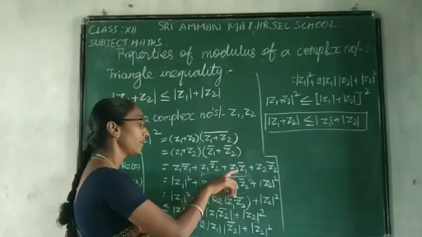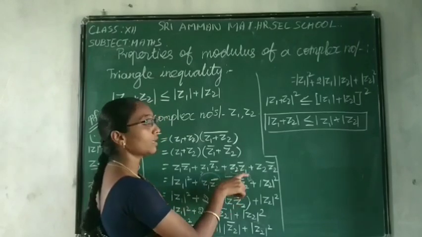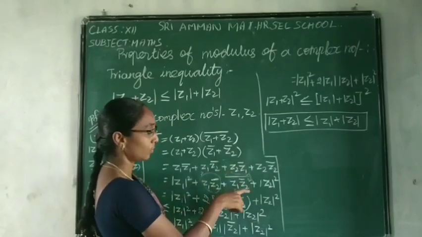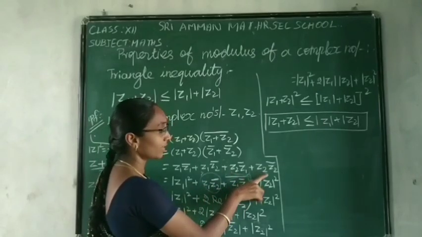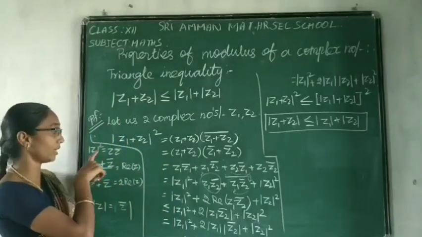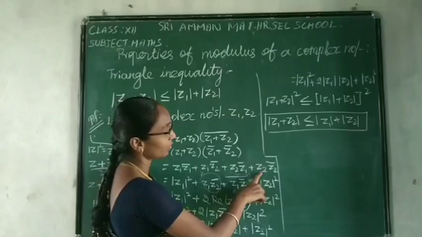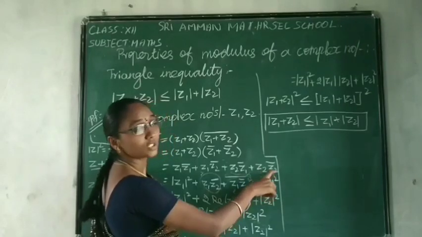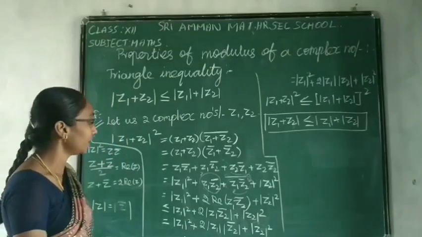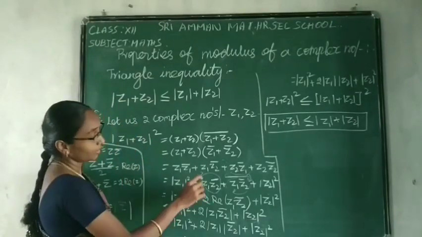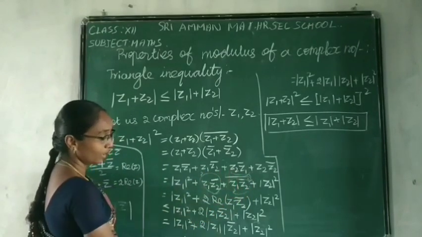In the same way, z2 z1 bar is the conjugate of z1 z2 bar, and putting the bar in place you get the same value, plus modulus of z2 square.